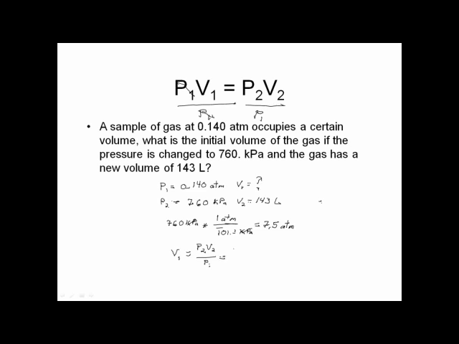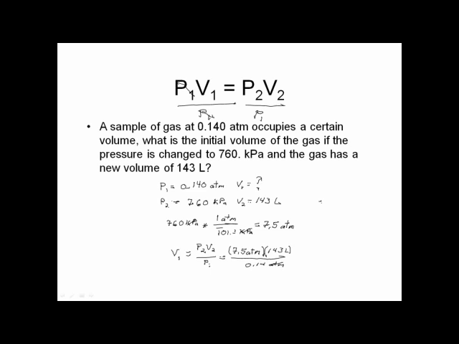So our P2 is 7.5 atm, our V2 is 143 liters, and our P1 is 0.14 atm.